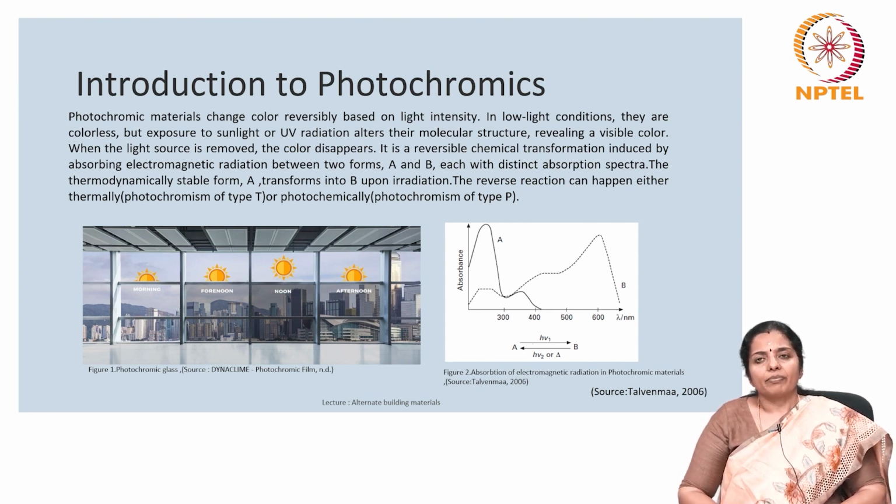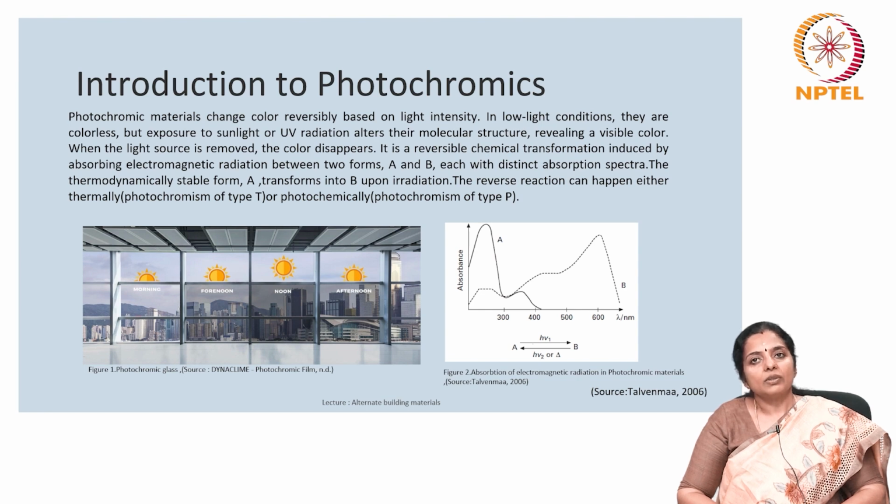Photochromic materials are in a way like magic. They change color based on light. In low light, they are clear. But when exposed to sunlight or UV rays, their molecules transform, revealing a visible color. It's like a chemical superhero story with two forms, A and B. Form A turns into B in the presence of light, and when the light goes away, the color disappears.